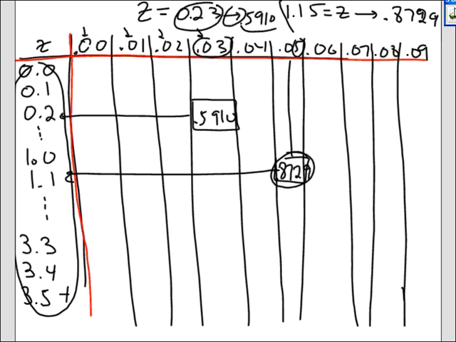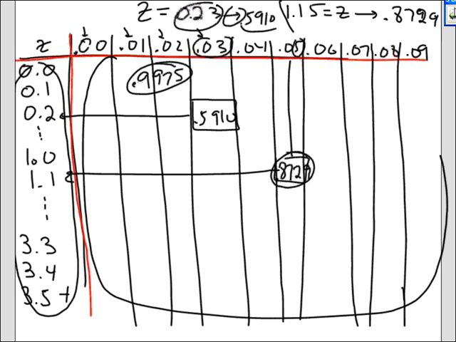If I give you a number, say I give you 0.9975, and I say find the z-score for 0.9975. Well, you look in the body. The body is here. You look for the area 0.9975, or the closest number to it. And I see it.